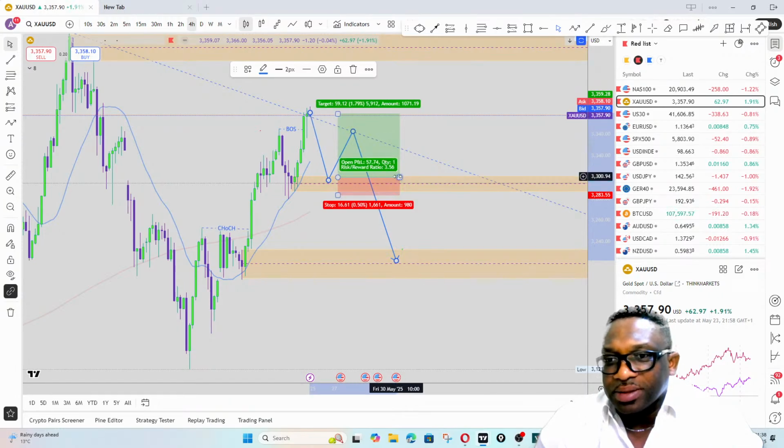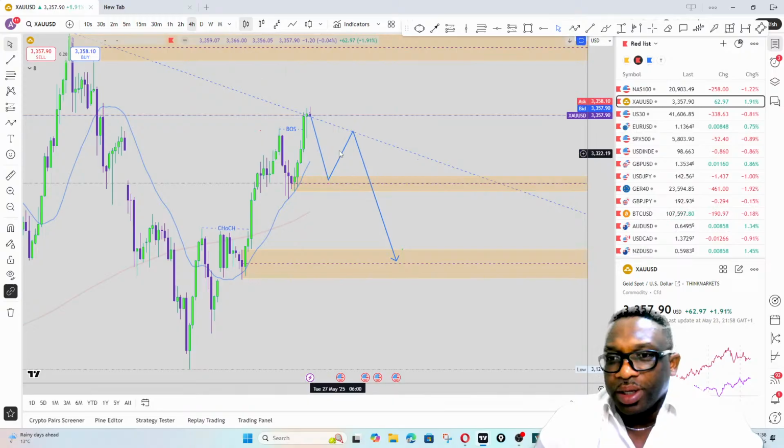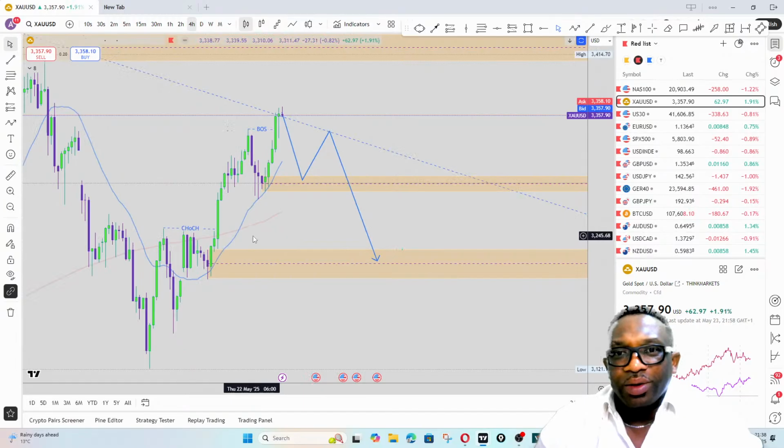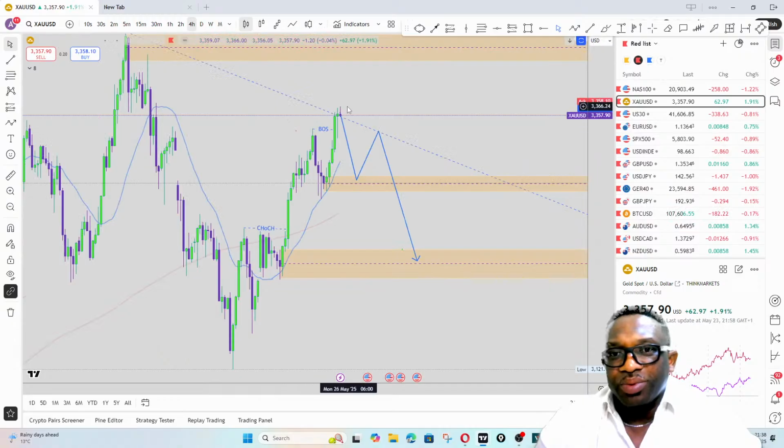Other than that, we're looking at this area as our next target area to take the trade. But currently on the 4-hour time frame, you can see it's in the uptrend. So it could happen that price will break above this area.